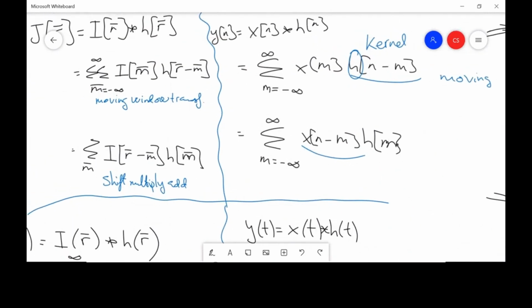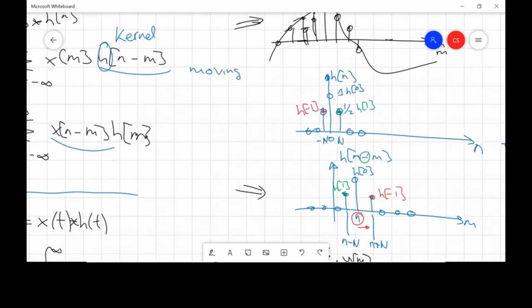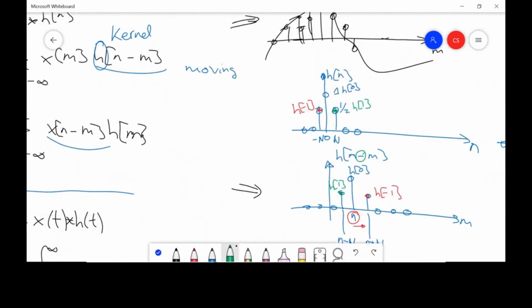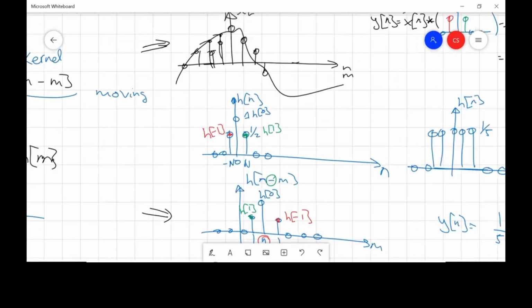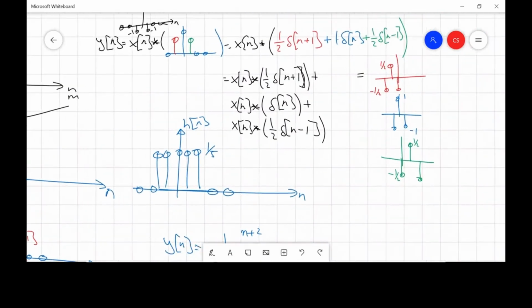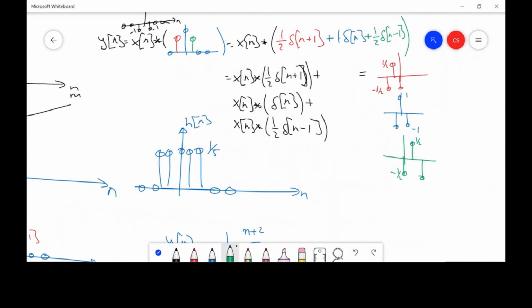Shift, multiply, add. So we are shifting to the right location, multiplying by the appropriate coefficient, and then we have to add. Okay, let's add.